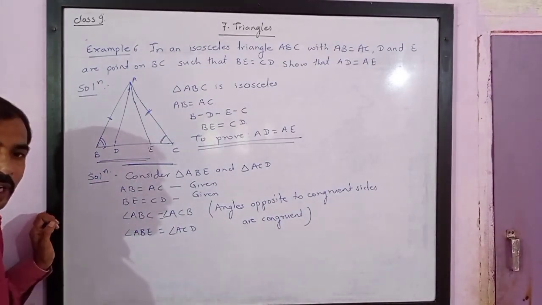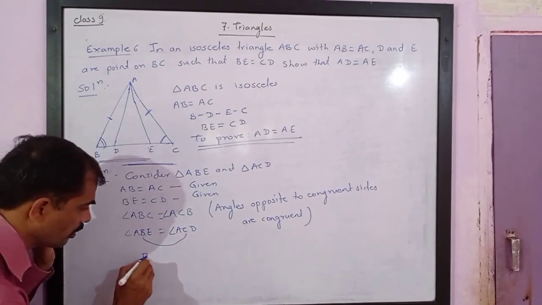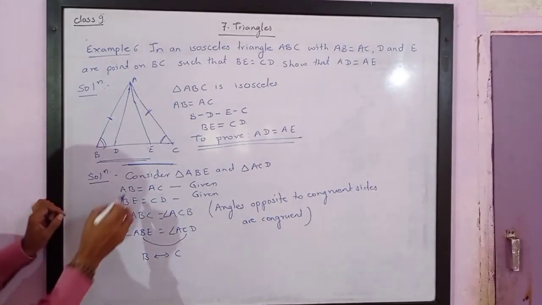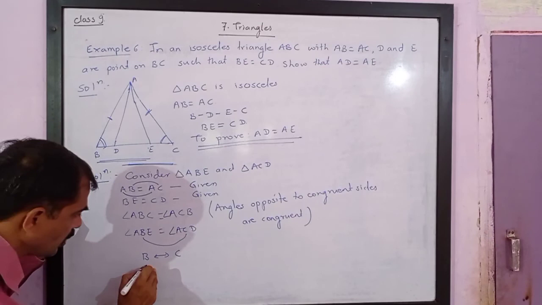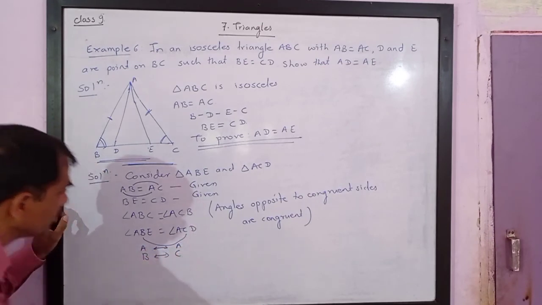One-to-one correspondence can be written from the angles first. So here B corresponds to C. Then if B corresponds to C, it means A corresponds to A. I have written it upside.